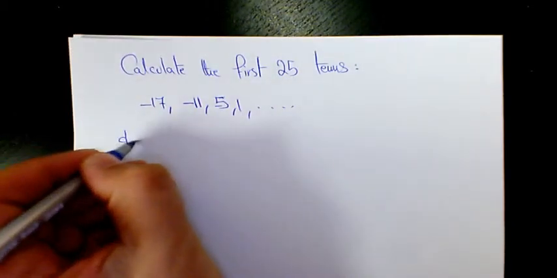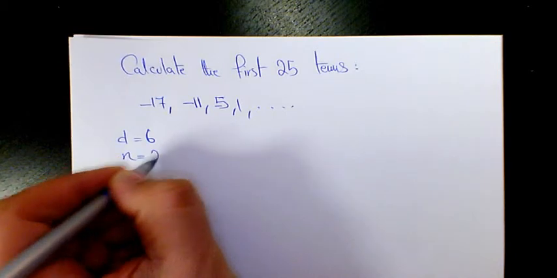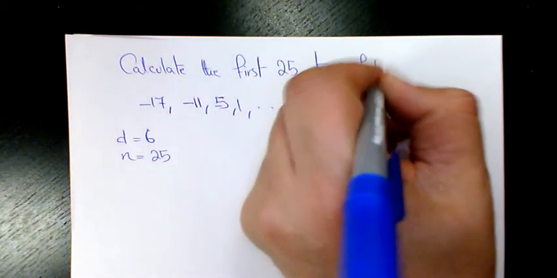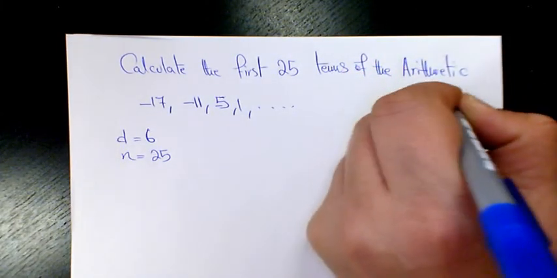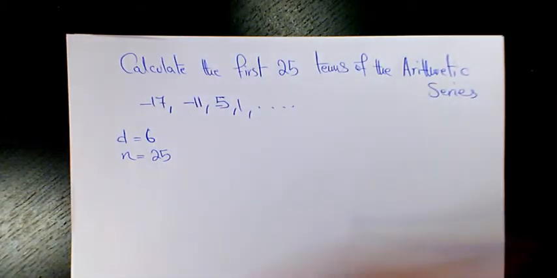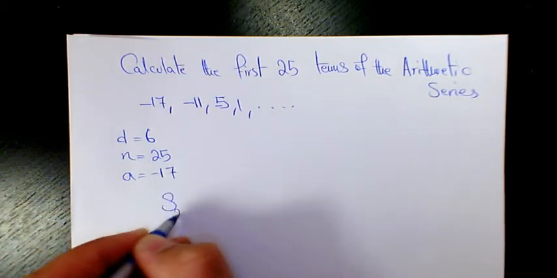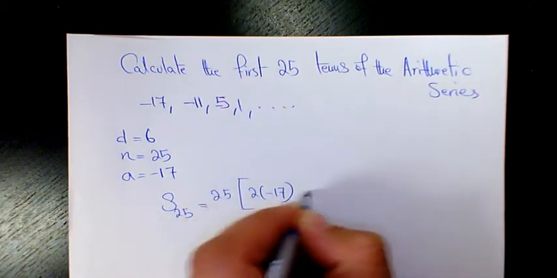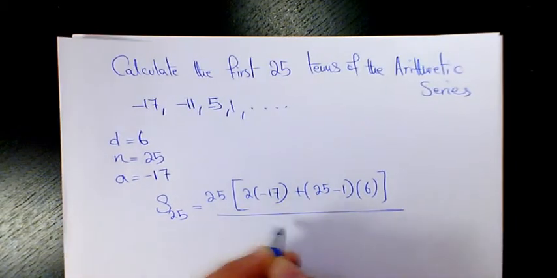So D is 6. N is 25 because we need to calculate the first 25 terms of this arithmetic series. A is negative 17. So S25 equals 25 times 2 times negative 17 plus N minus 1 times D divided by 2.